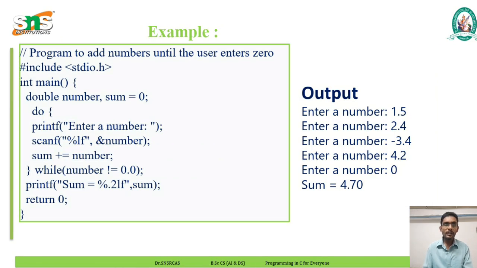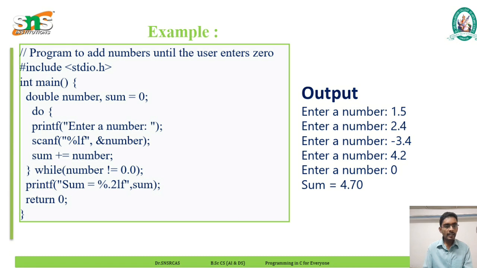Here is an example. This program is used to add numbers until the user enters 0, which means users can continuously give input numbers. Once the user gives 0 as input, the program terminates and the output shows the sum of the given inputs. You can check the do while segment here.